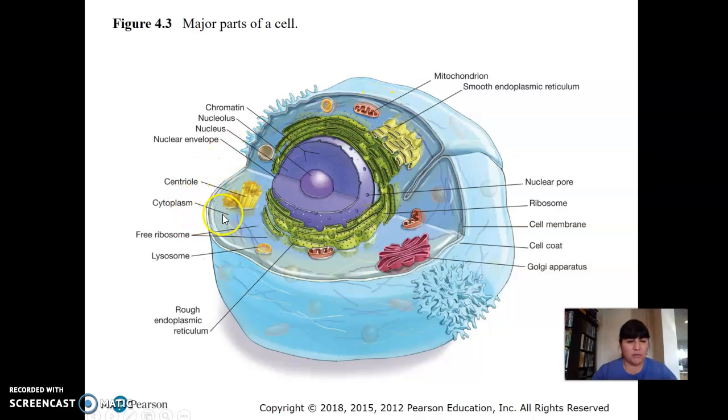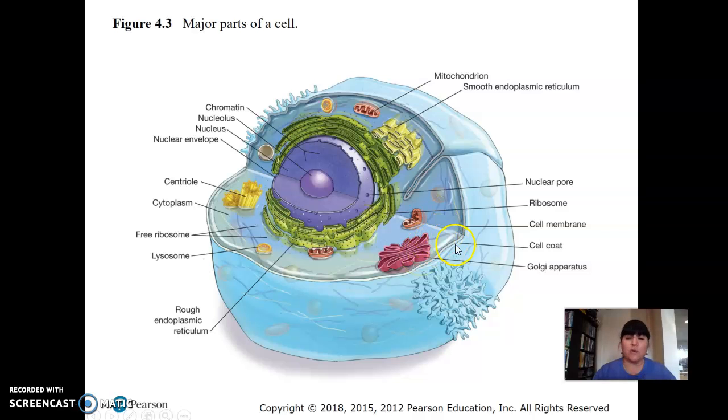So here, cytoplasm, that's the internal part of the cell. Lysosome, lice, think of Lysol. They break stuff down. They're like the janitorial crew. Here is the rough endoplasmic reticulum. That has to do with protein synthesis. Here is the Golgi body. That has to do with storing and packaging stuff.